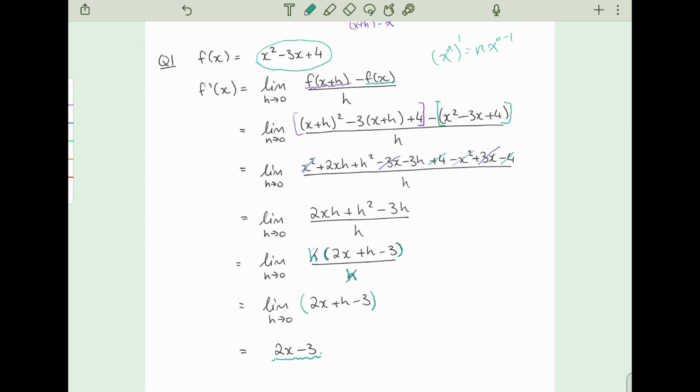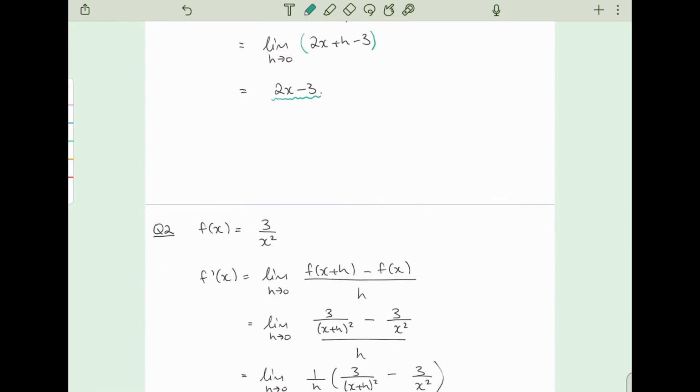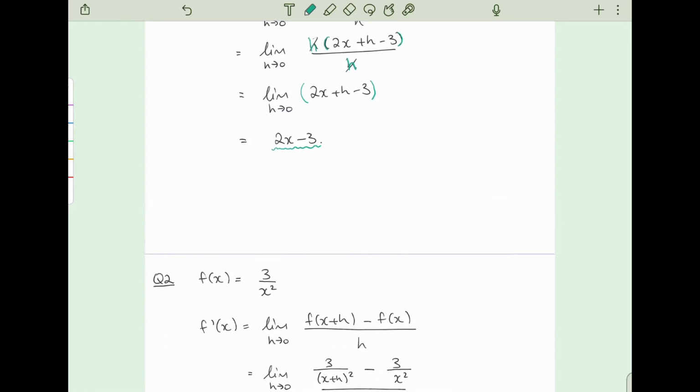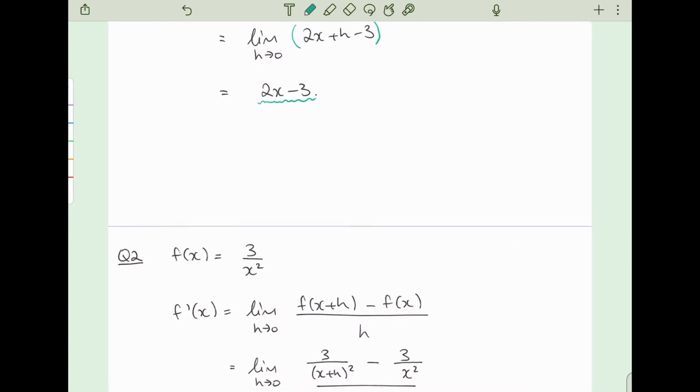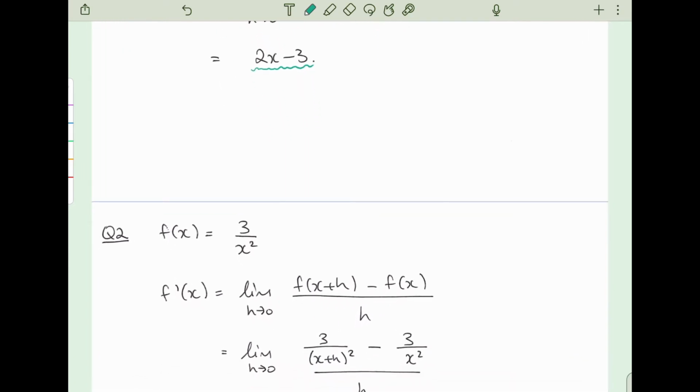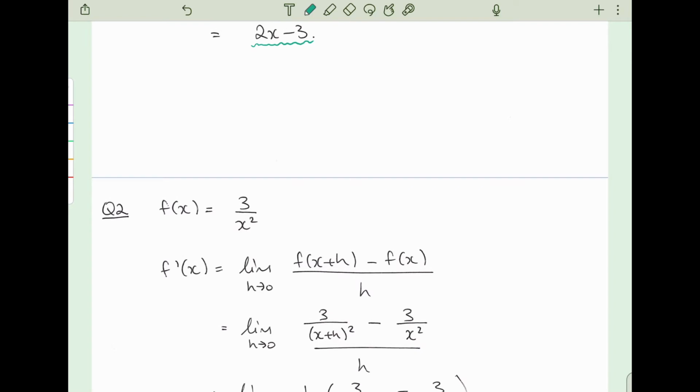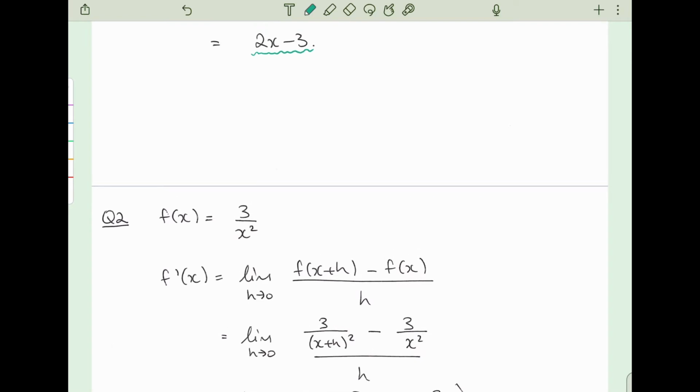Now let's move on to our question 2. That is a kind of reciprocal function, 3 divided by x squared. But we will do it the same way. Firstly, write out the formula. Always keep in mind this formula.